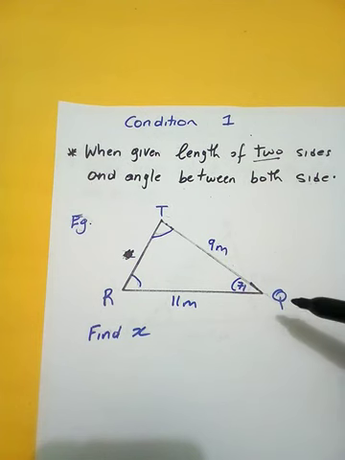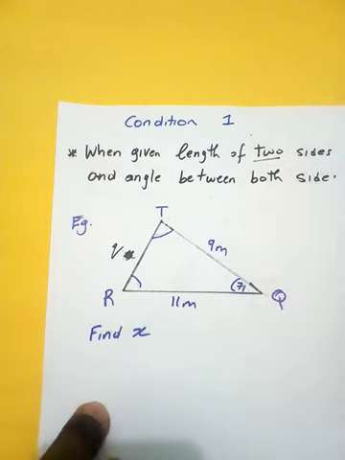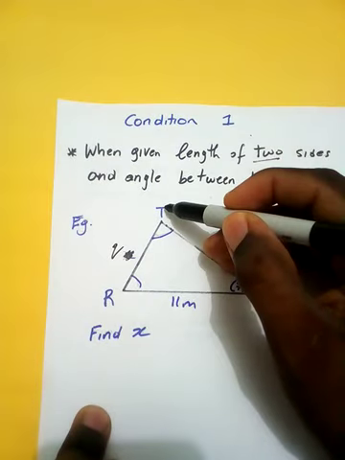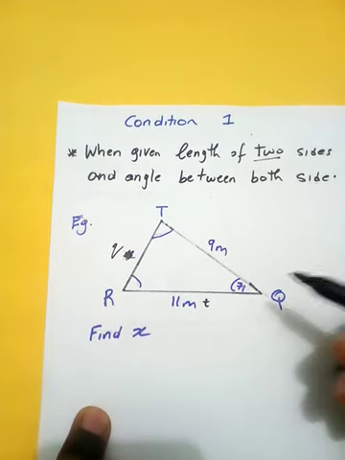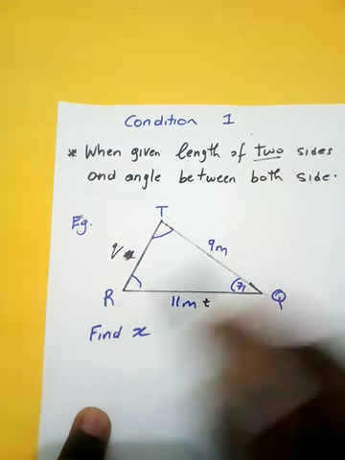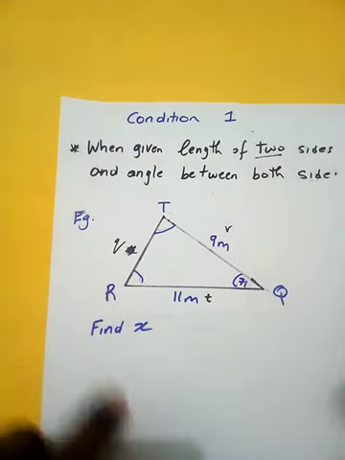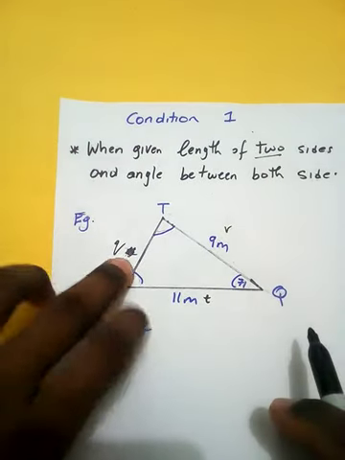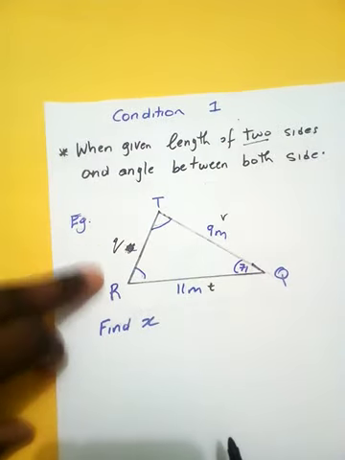This is angle Q. What side is opposite to it? Small q. Angle T. What side is opposite to it? Small t. Angle R. What side is opposite to it? Small r. But they said to find x, and x was here, right at side q. So the side of reference is q.